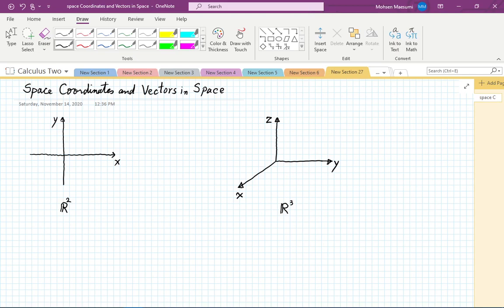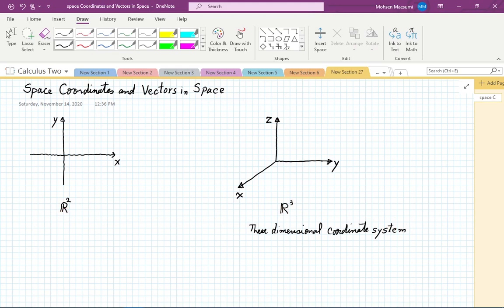So this is a three-dimensional coordinate system. Sometimes we simply refer to it as R3, and our familiar setting will be R2.